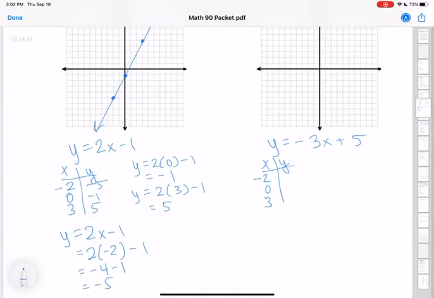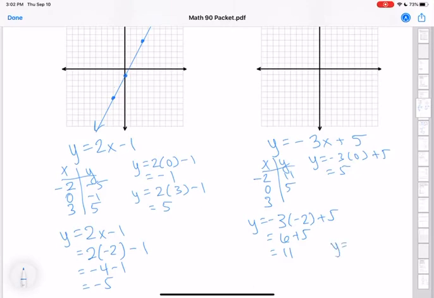Okay, so I have negative 3 times negative 2 plus that 5. So negative 3 times negative 2 is a positive 6, plus 5 is 11. I'm going to be a little bit off my chart. That's okay. Plug in 0, and I'll get 5. And then I'll plug in 3. So I get a negative 9 plus a 5, so I'm looking at negative 4.